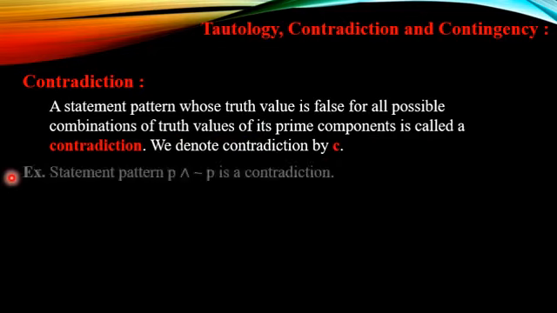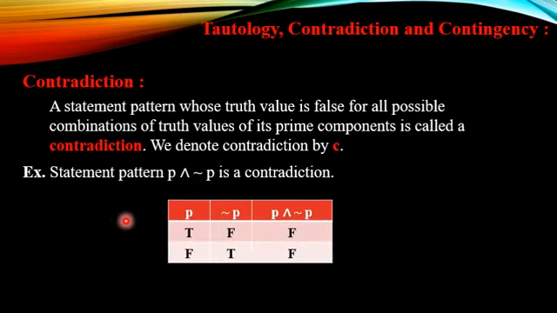For example, the statement pattern P and negation P. The truth table of P and negation P is this one. Now the truth values of P and negation P are F, F. That means this statement pattern is always false, so it is called a contradiction.